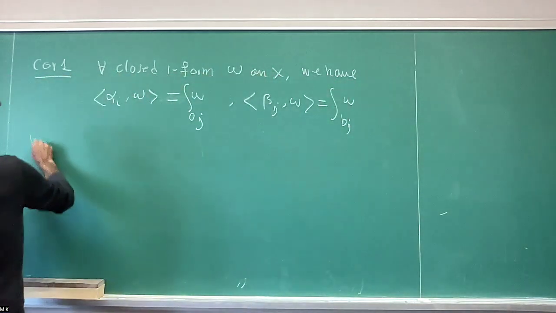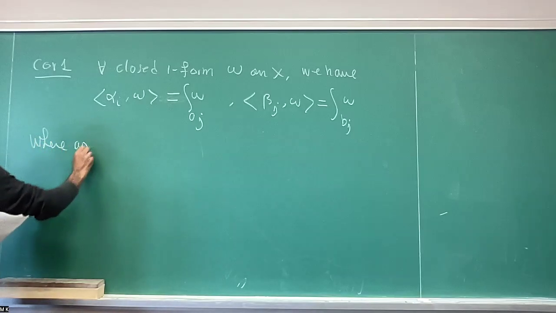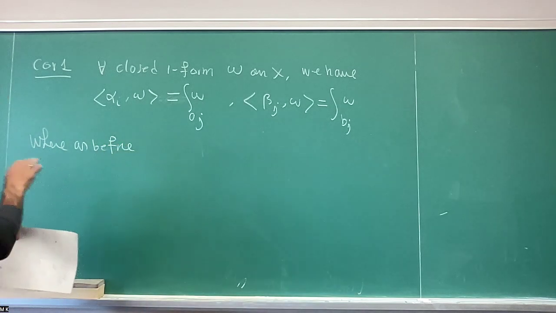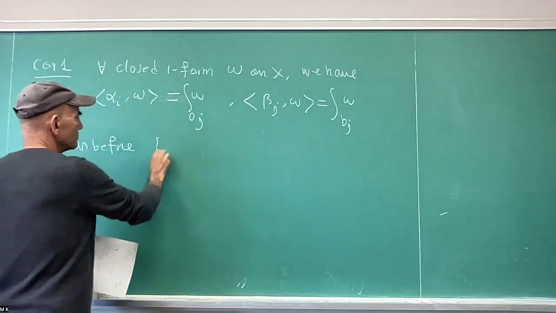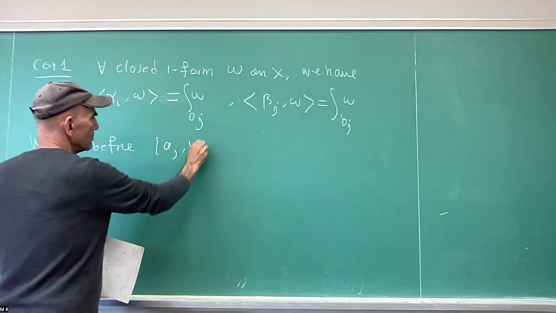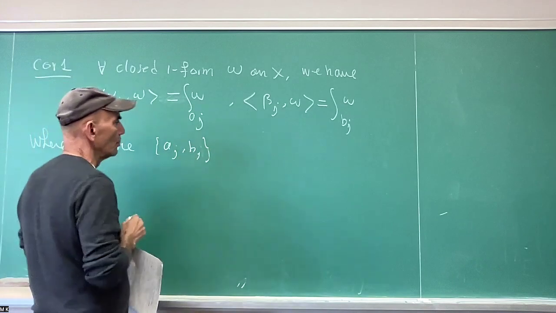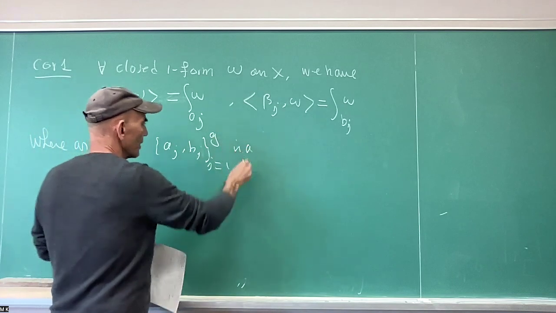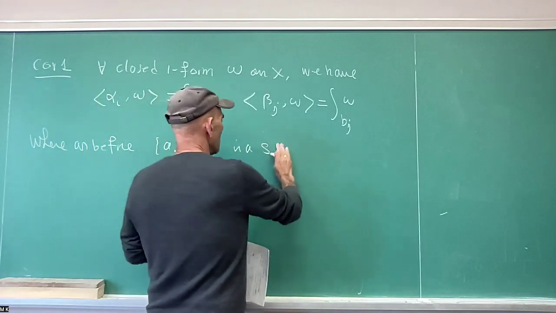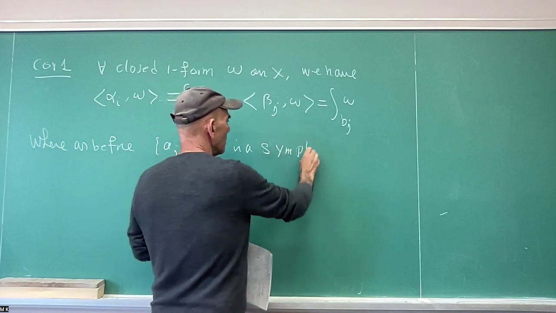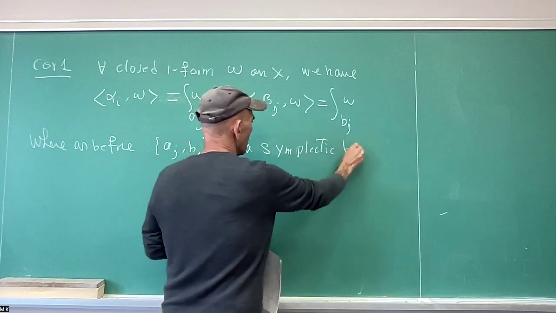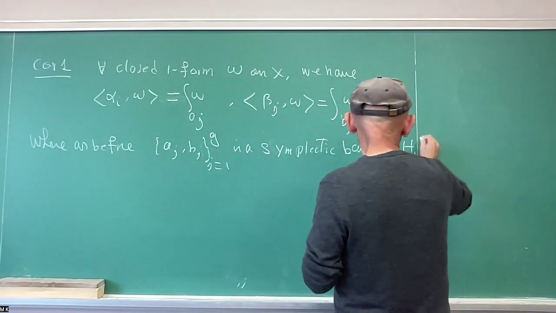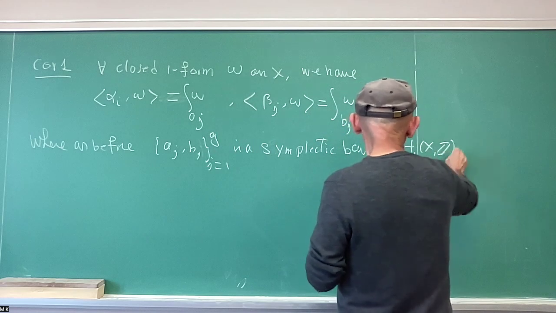Where, of course, as before, these a_j and b_j, j from 1 to g, form a symplectic basis for H_1 singular homology with Z coefficients.